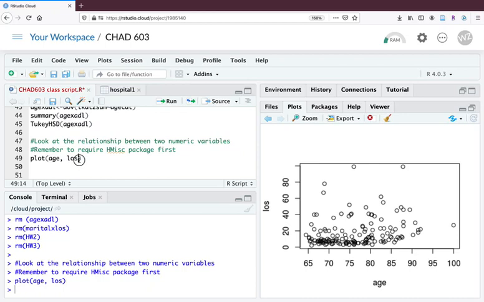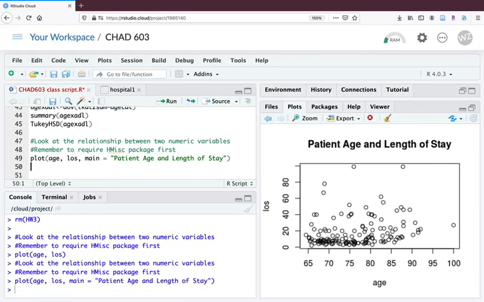So for this purpose, why don't we just put in a main label equals patient age and length of stay. But you can annotate these exactly the way we have done this in the past. For length of stay, you would possibly want to put in days, so to indicate days.